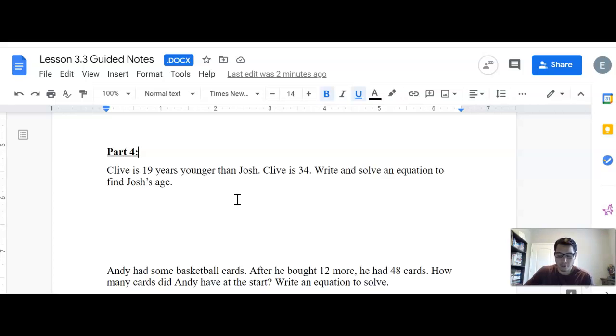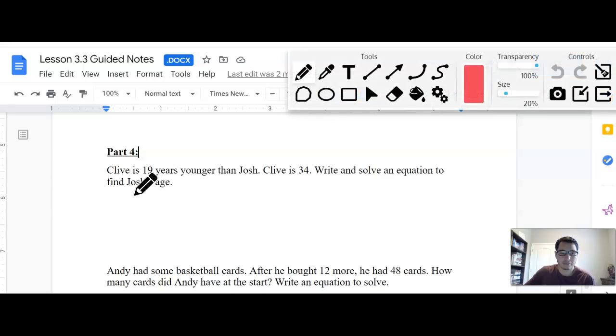What we don't know is the age of Josh. That's what we're trying to figure out. Clive is 19 years younger than Josh, and Clive is 34.